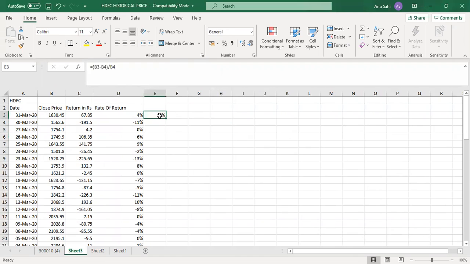The third way of calculating the return is the rate of return, which can also be calculated as closing price divided by opening price minus 1.